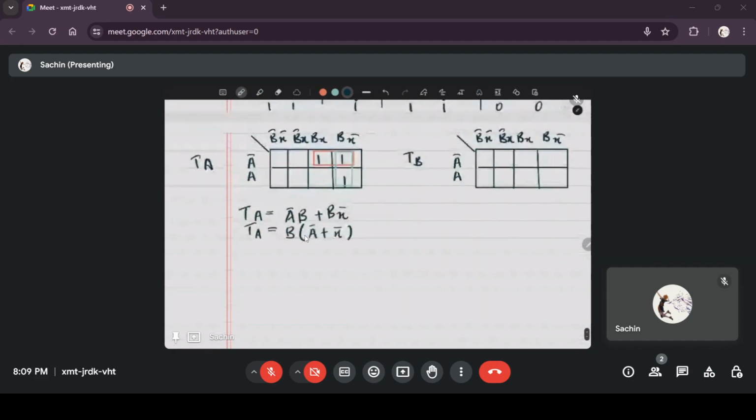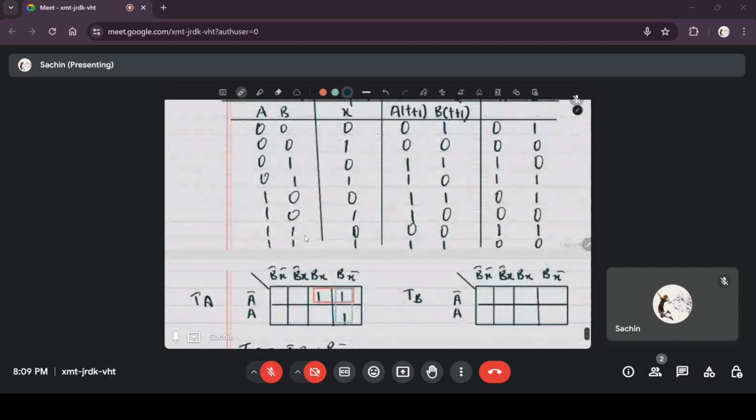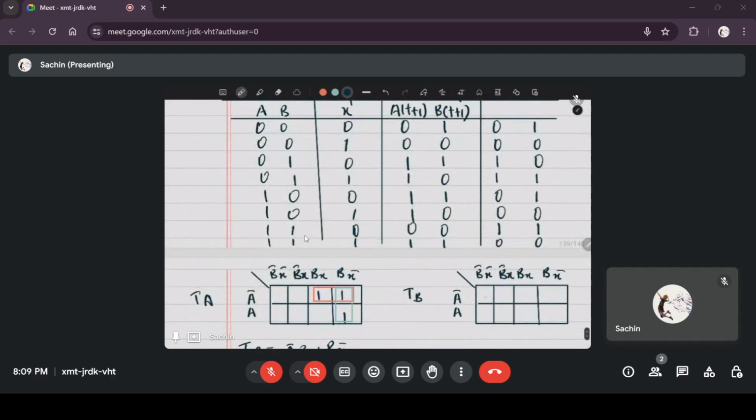TB you have 4 ones, 0 0 0, 0 1 1, 1 0 0, and 1 1 0.